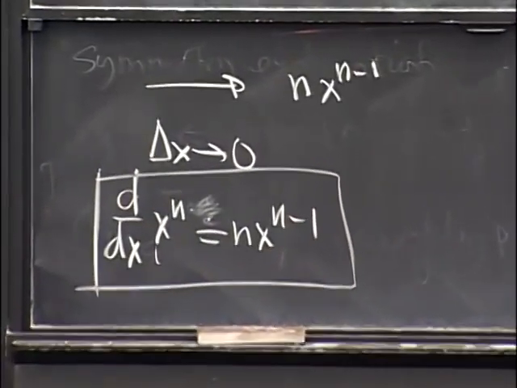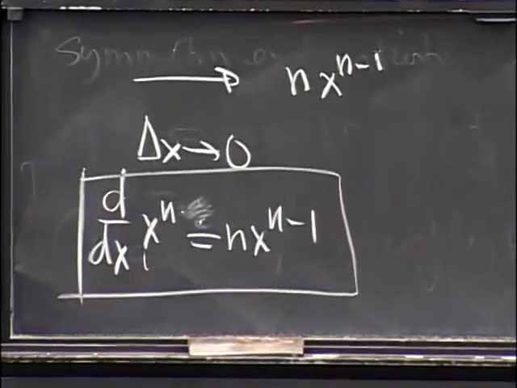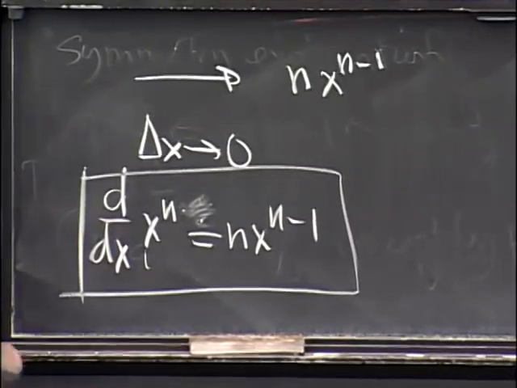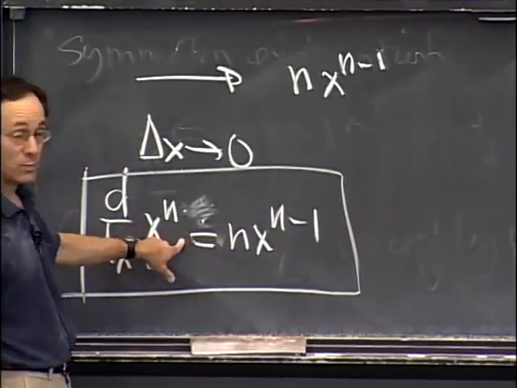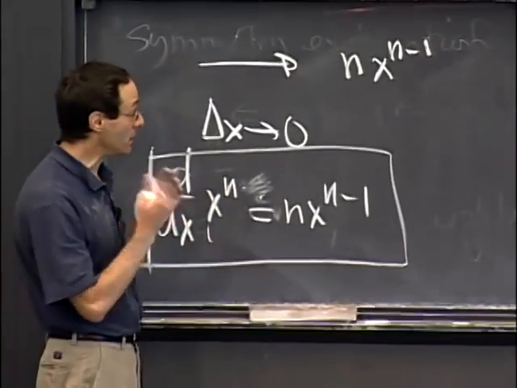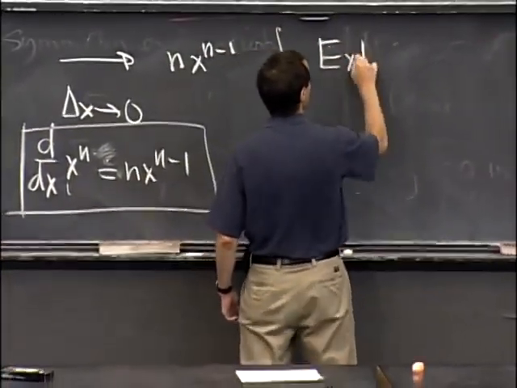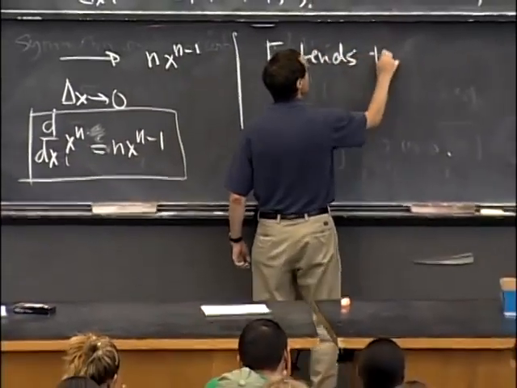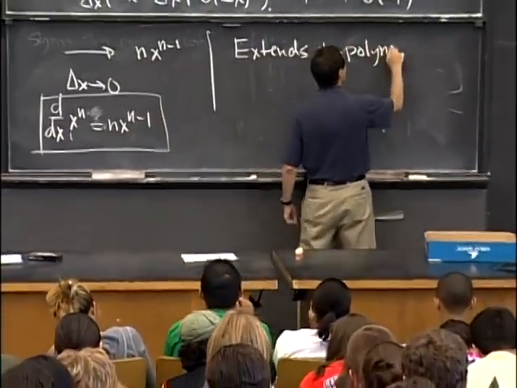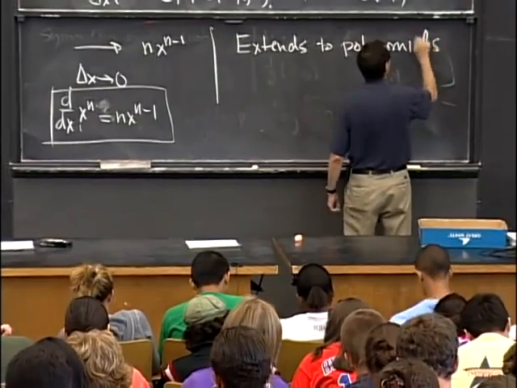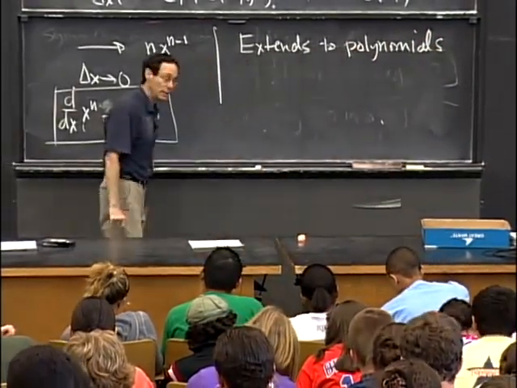So now this is going to be super important to you, on your problem set in every possible way. And I want to tell you one way in which it's very important, and one way that extends it immediately. So this thing extends to polynomials. We get quite a lot out of this one calculation.